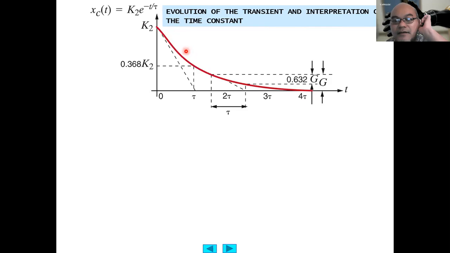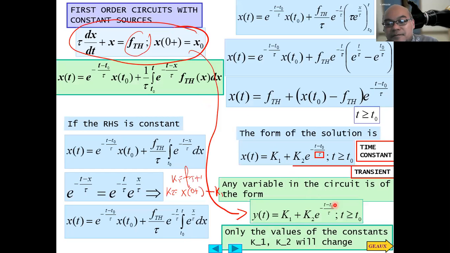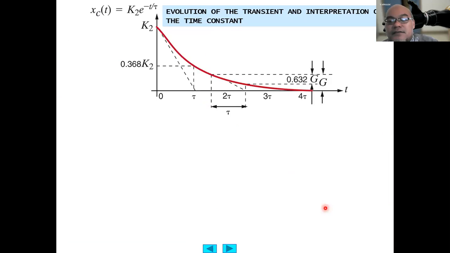And here at t equals tau, it will be k2 exponent minus (tau minus t0). If t0 is 0, it will be exponent minus 1, so the value becomes k1 plus 0.368 k2.